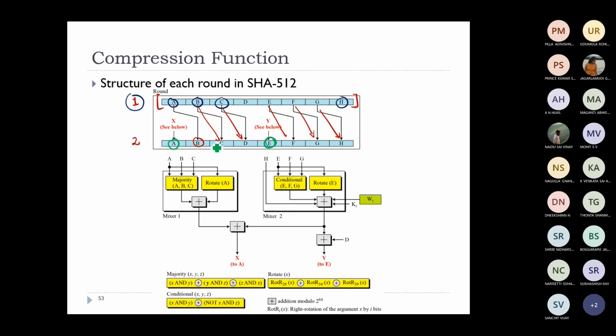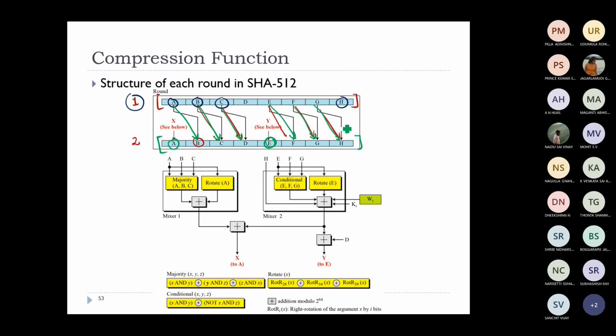For the next round's output, A is directly pushed to the place of B, B comes to C and C comes to D. E comes to F, F comes to G, and G comes and sits in H. So these are the new values of A, B, C, D, E, F, G, H for the second round.